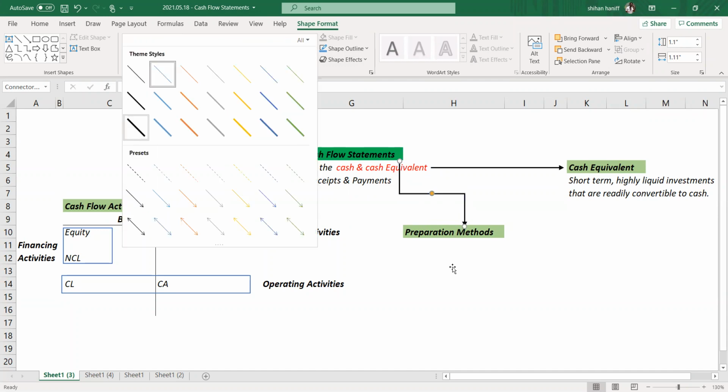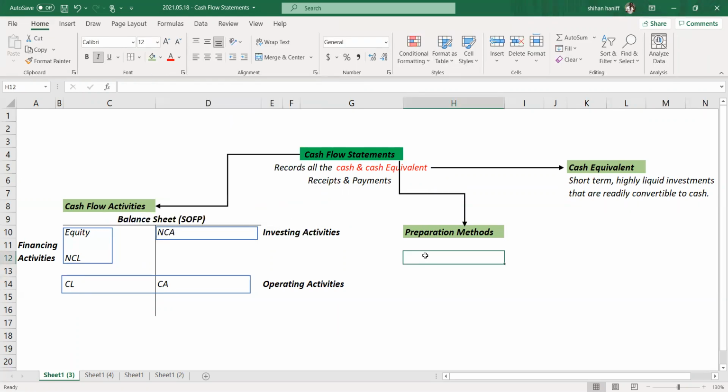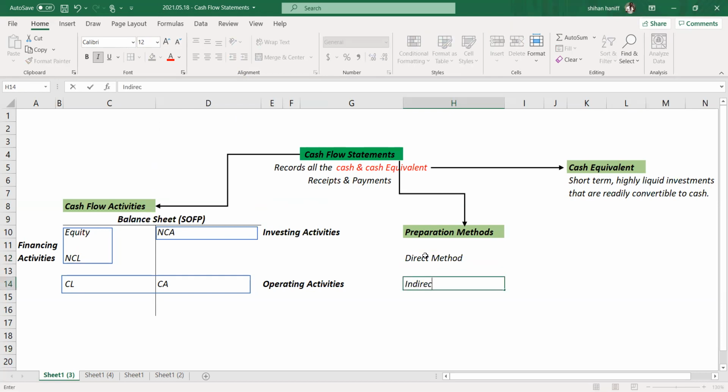Right. So there are 2 methods we can prepare the cash flow statements: direct method and indirect method.